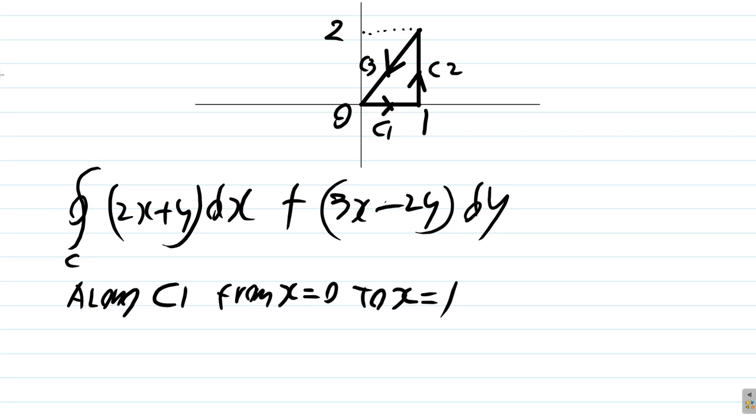But it's good to know both methods, alright? Now, let's use a parameter so that if we use a t, we'd have everything in t alone and dt.